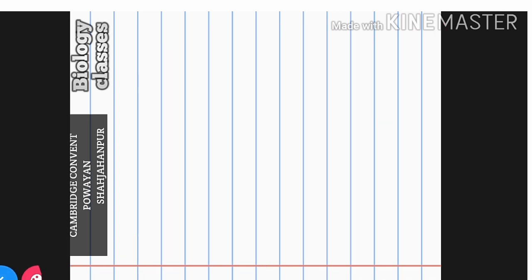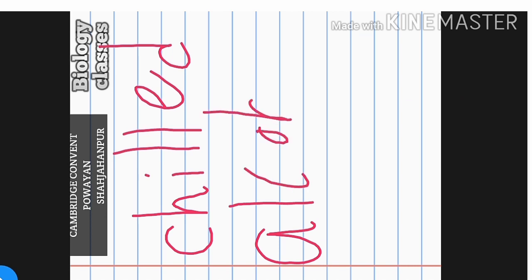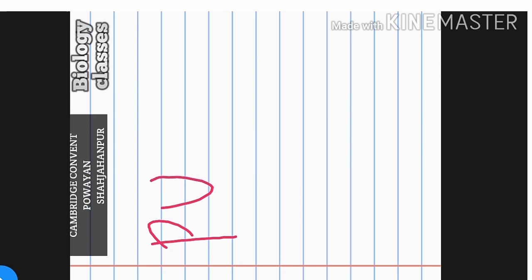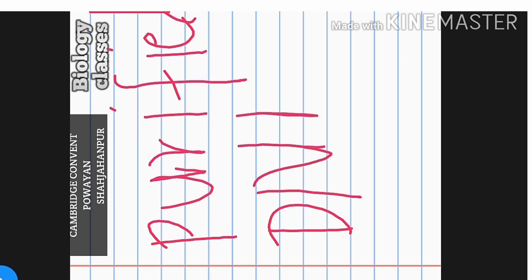Along with that, we will also add chilled propyl alcohol in this test tube. After some time we will obtain the DNA in purified form from the test tube.